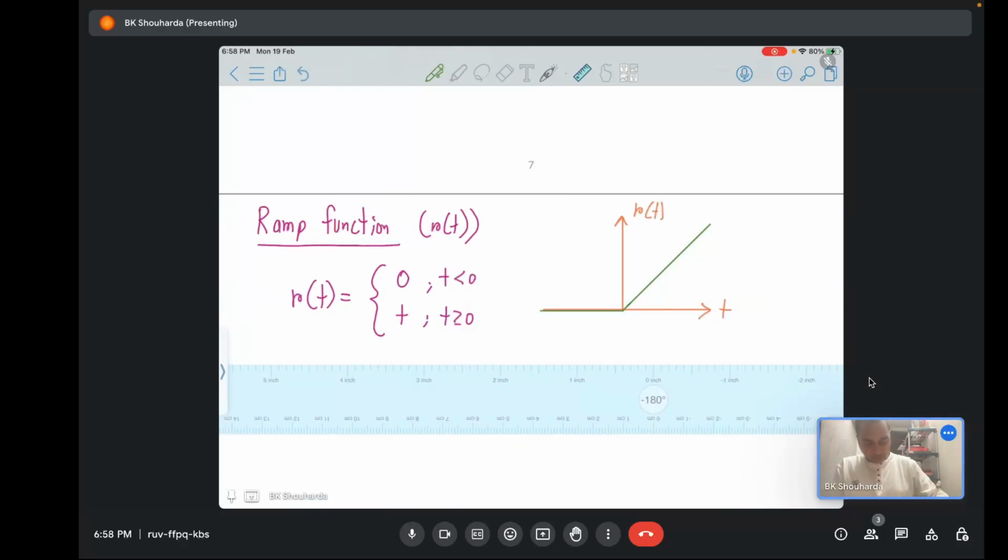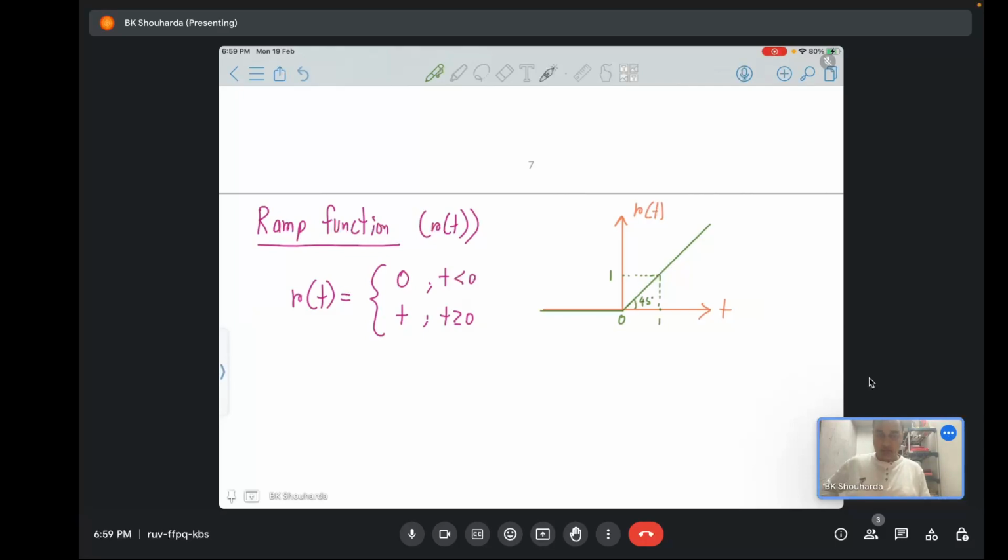Okay, 0, and to indicate the slope I write something like this, that is 1, the value is 1, the slope is 45 degrees. Alright, so how can I write this ramp?